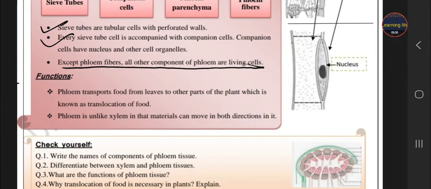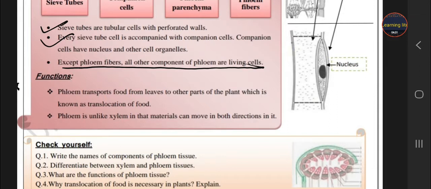Okay students, let's move to the functions. What are the functions? The main function is the translocation of food. It means phloem helps in the movement of food from the green leafy part, where photosynthesis occurs, to the upper aerial parts and lower parts of the plant, so that each part can grow well. And the second function, it moves the food particles in both directions. It is bidirectional, students.